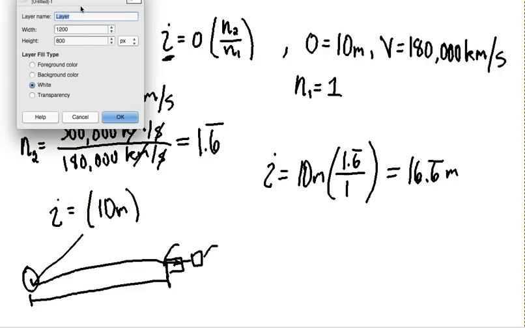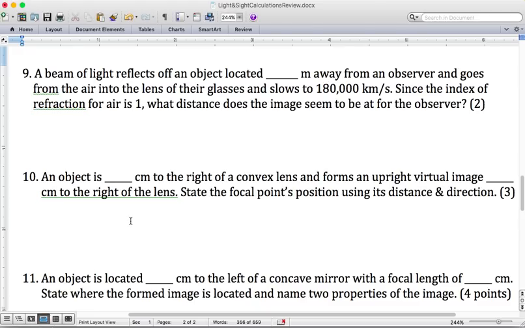Okay, new layer here. The next one I'm going to do is number 10. An object is blank centimeters to the right of a convex lens and forms an upright virtual image blank centimeters to the right of the lens. So you're told something right there about the value of I, which will be given to you on the test if you get this version.